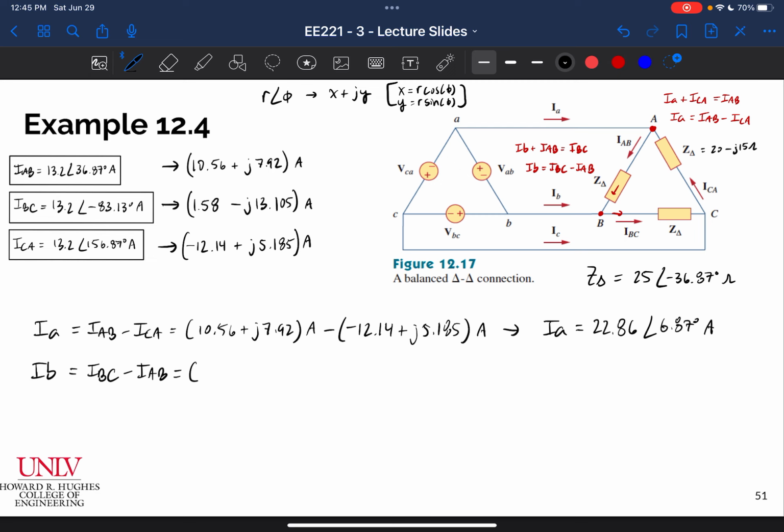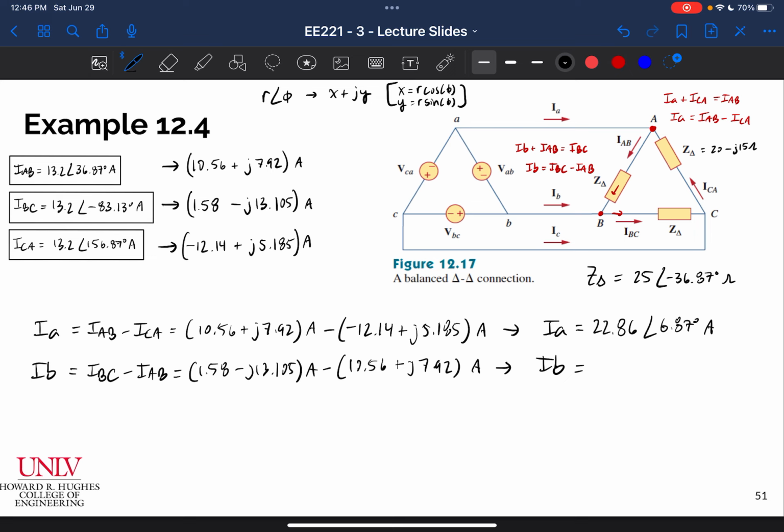In rectangular, IBC is 1.58 minus j13.105 amps, minus IAB, which is 10.56 plus j7.92 amps. And that means IB should be, let's do the math here. I've got 1.58 minus 13.105 times j, minus 10.56 plus 7.92 j.